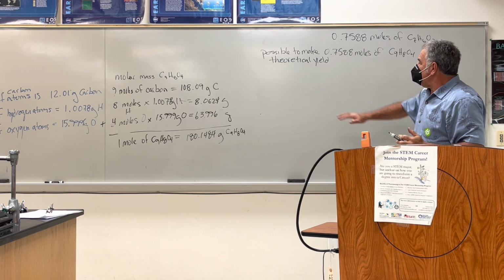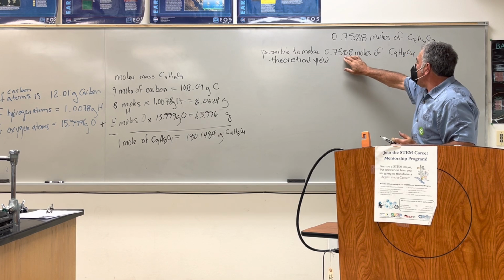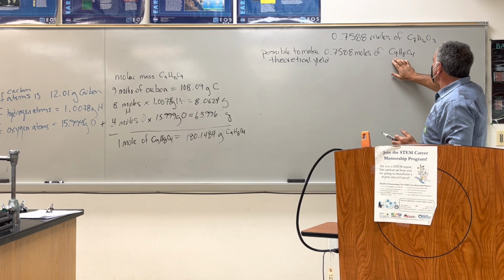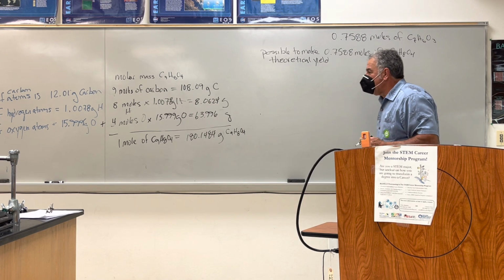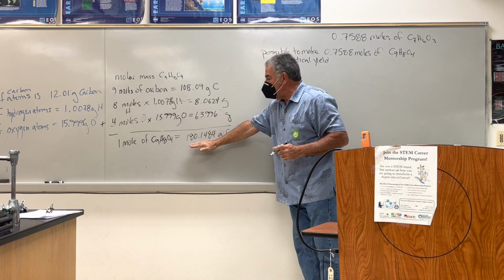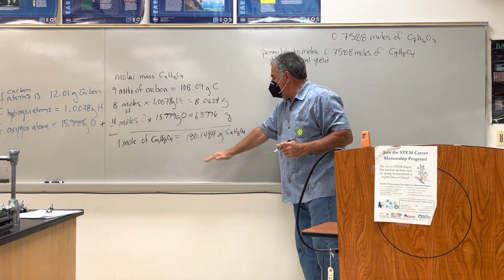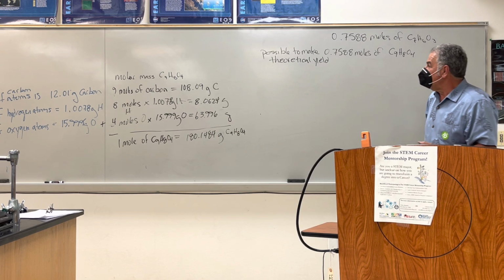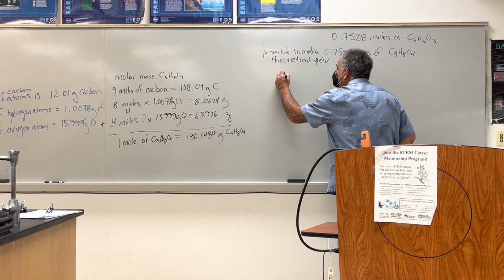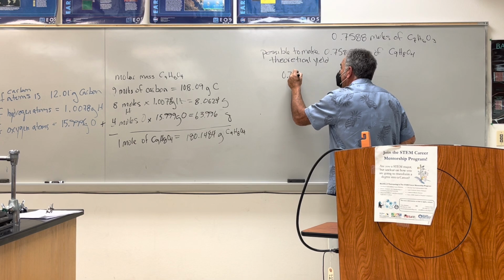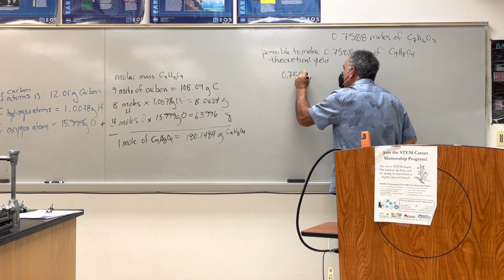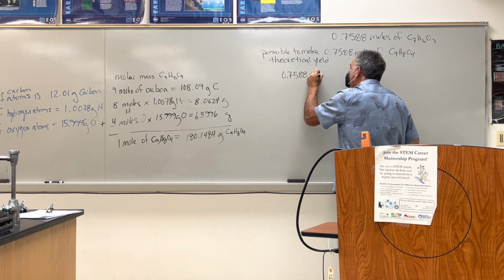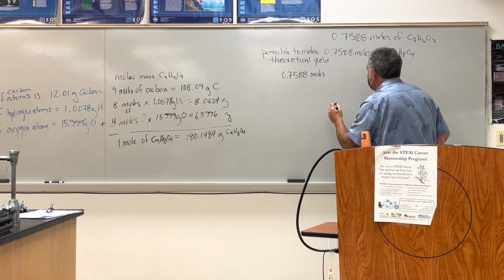All right. So our theoretical yield is 0.7588 moles of aspirin. We know that a mole of aspirin weighs this much. A lot of times we want to convert from moles to grams, and this is why we do all the conversions.